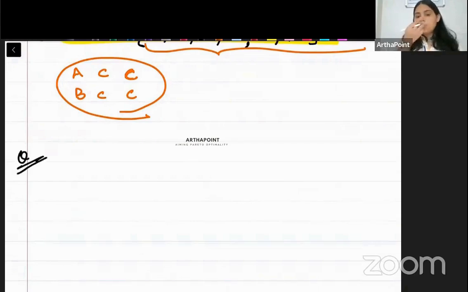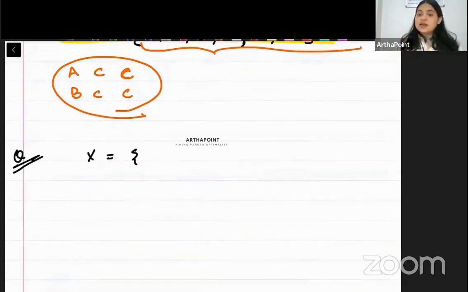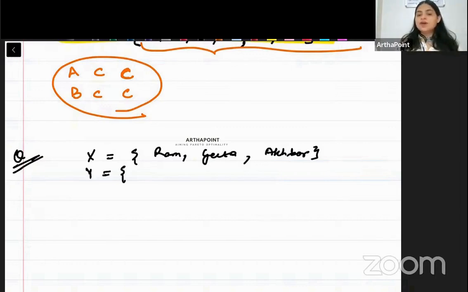Okay. So, supposedly, I tell you that X represents the students of class 12th. Okay. And I have Ram, Geeta, and Akbar. Did you understand? Then beta, I also want to include students of class 12th only, but who play football.